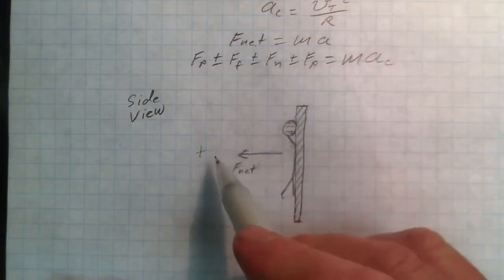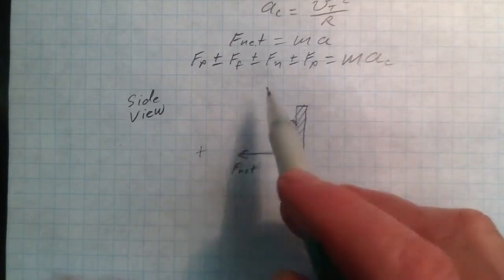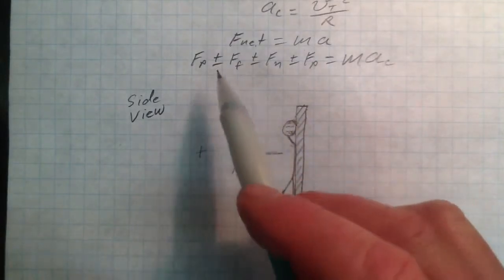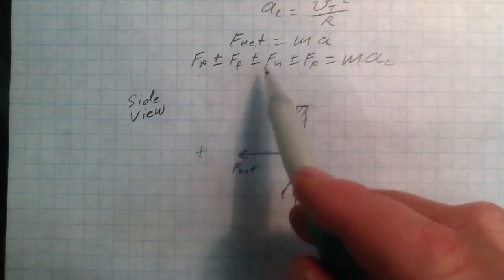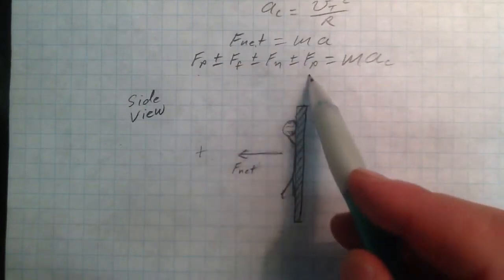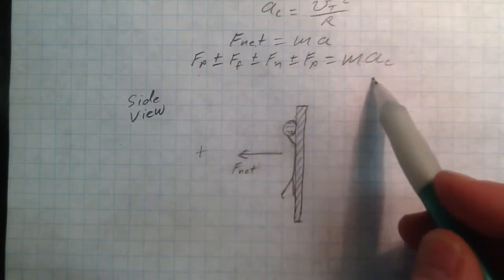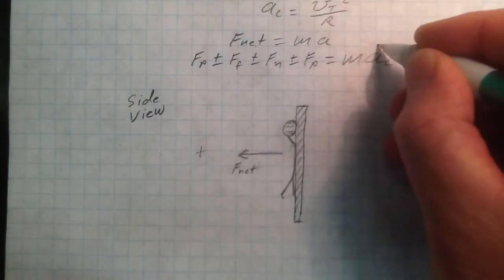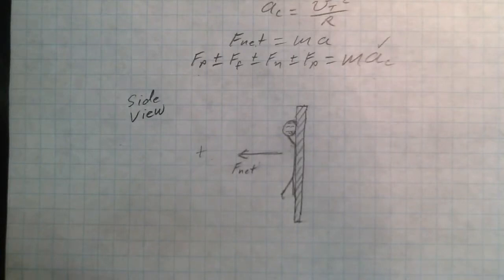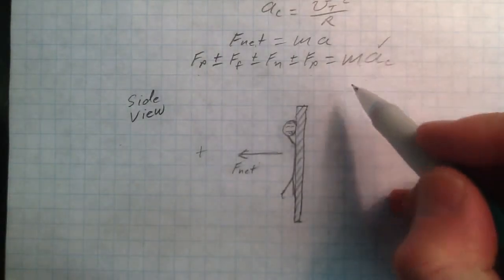I need an F net towards the center of the circle. Well, we've only studied 4 agents of our forces: an applied force, force of friction, force normal, force gravity. This side in uniform circular motion is never 0. We've already computed this guy. Don't start mass whining. We'll get there.